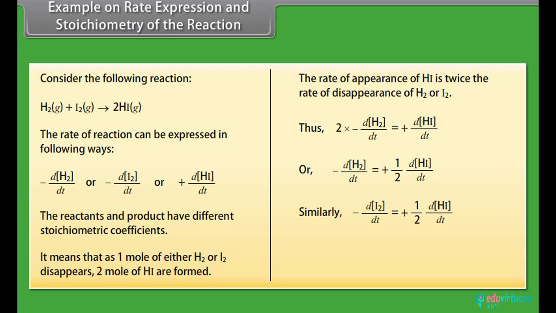Similarly, minus d by dt of I2 is equal to plus 1 by 2 d by dt of HI. Therefore, minus d by dt of H2 is equal to minus d by dt of I2 is equal to plus 1 by 2 d by dt of HI.